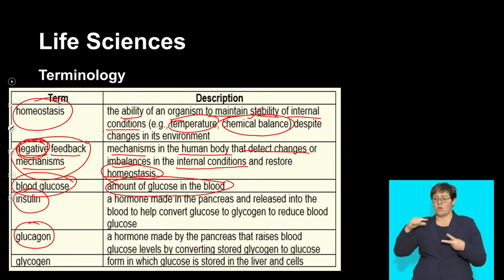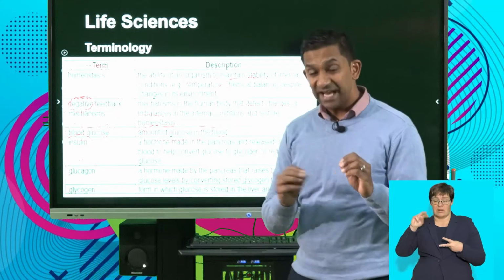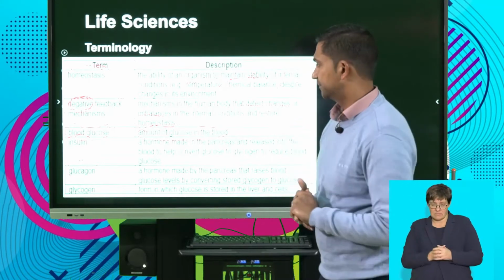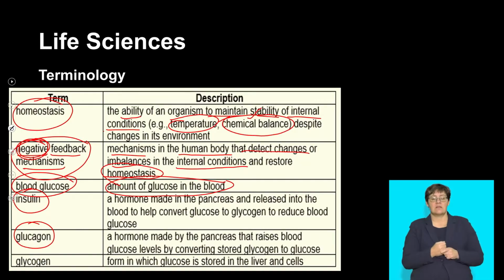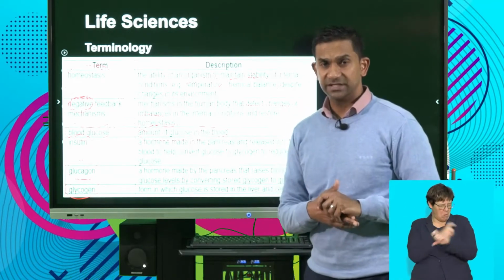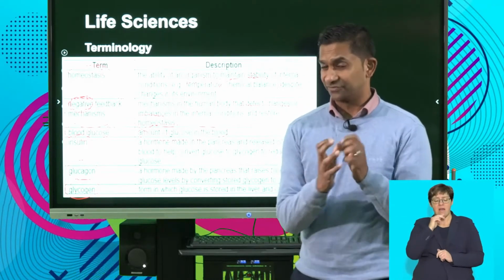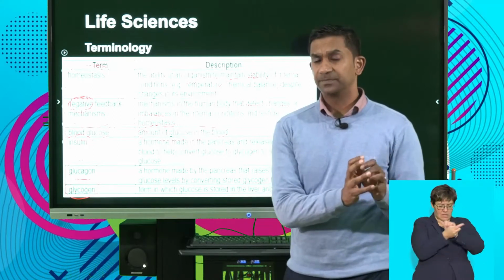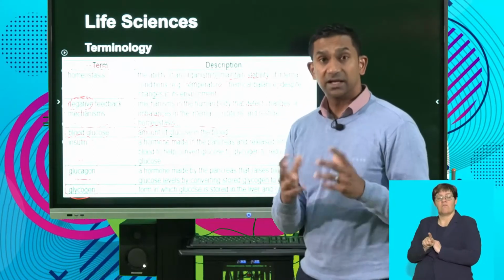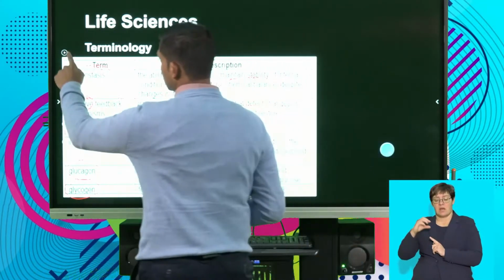These are hormones that are responsible for maintaining the blood sugar levels in the body. And finally, we're going to talk about a complex form of a carbohydrate, which is called glycogen. Glycogen is a complex carbohydrate. Essentially, the glucose is converted and stored in the body as a complex form of a carbohydrate called glycogen.